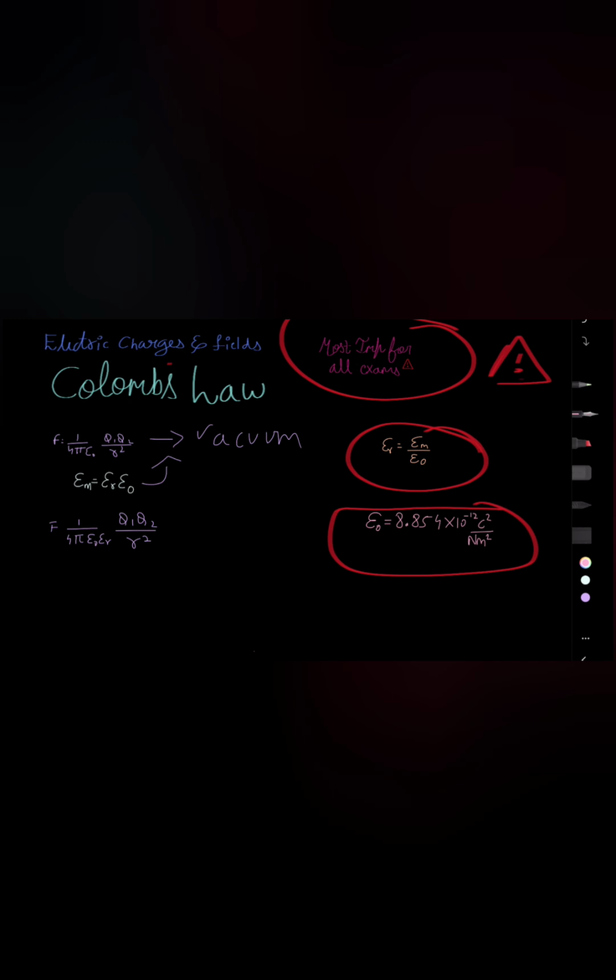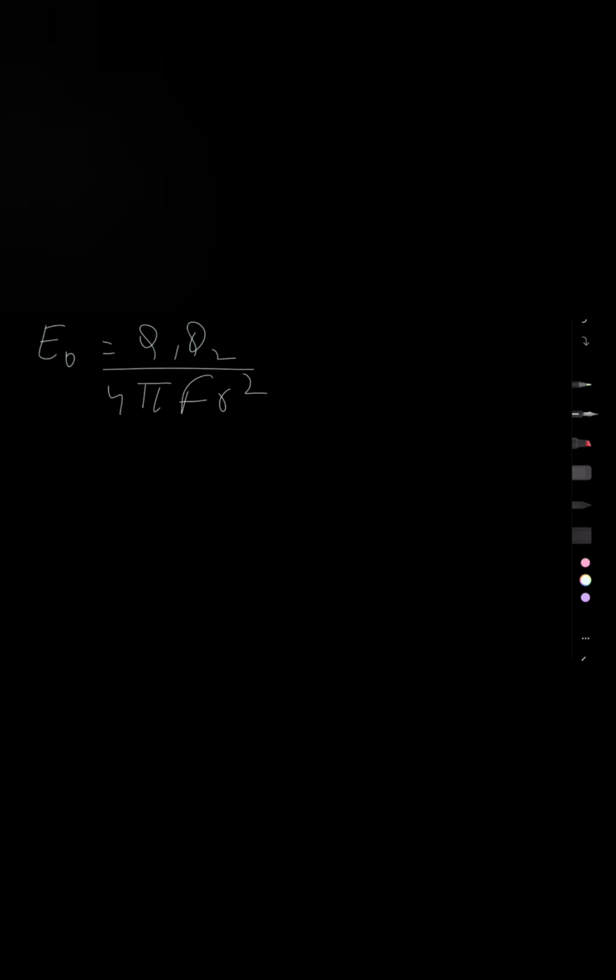Next, what is the dimension of epsilon naught? This is also important; they may ask in objective type questions in boards. By further simplification of the formulas we have learned, epsilon naught is equal to q1 q2 by 4 pi F r square.